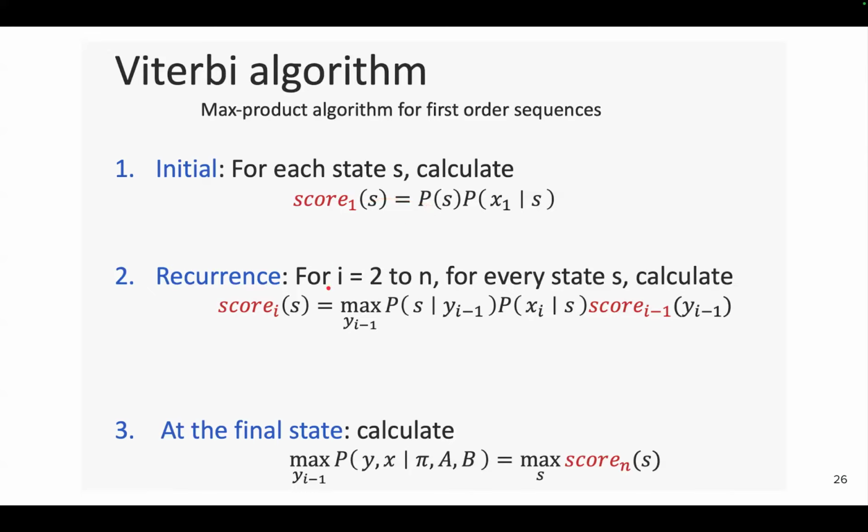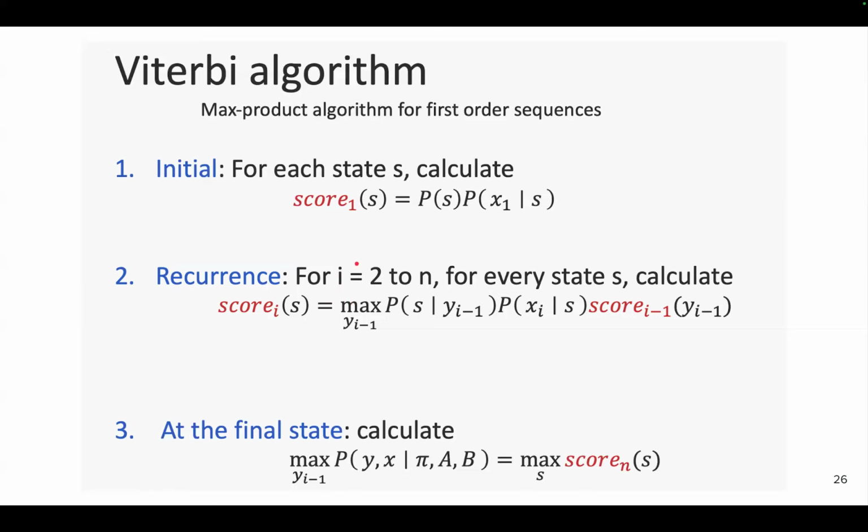Now, your recurrence is that for i equals 2 to n, for every possible state, you are going to calculate this value. And if it's not clear what i is going over, i goes over the sequence length, so we start from 1 to n, n being the sequence length. We start with a sequence of words. Remember, the goal is to give each word in a sequence a part of speech tag.